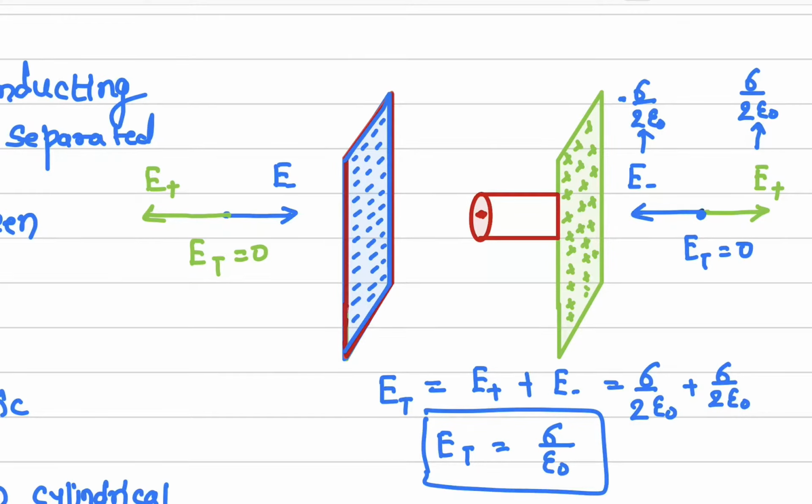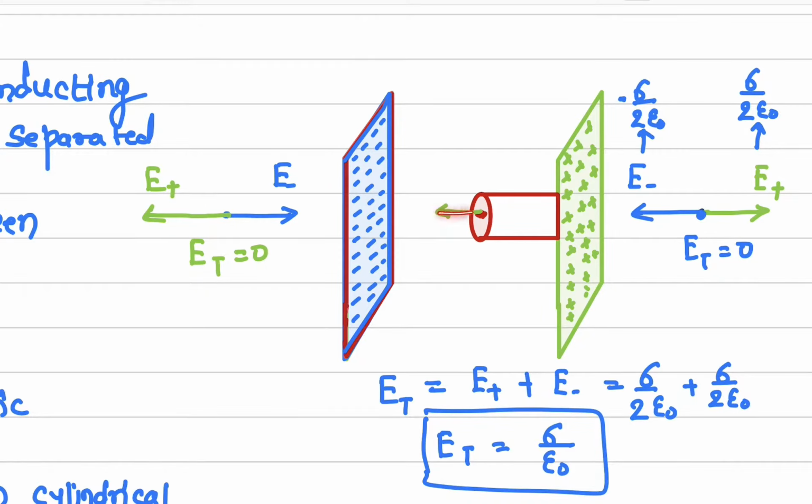The electric field direction due to this positive charge is away. This is the electric field direction. And again, due to this negative plate, the electric field direction is again still this way. So the total electric field direction is only coming out of the plate.